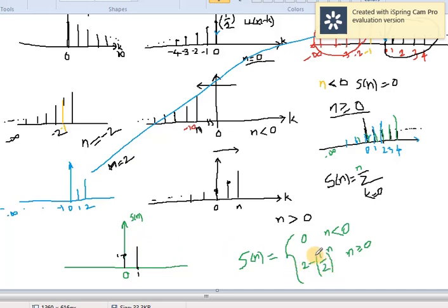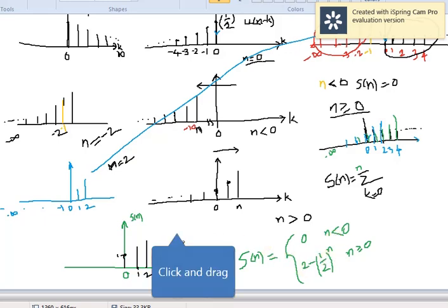Then for n is 2, it is 2 minus 1 by 4, which is greater than this. And when n is equal to infinity, it is 1 by 2 raised to infinity, which is almost assumed to be 0. So in that case, it goes to 2.